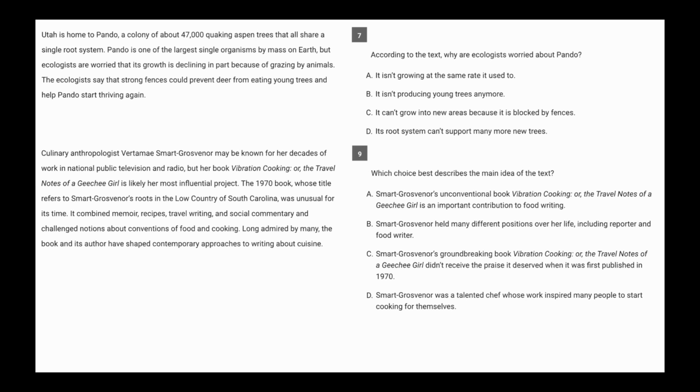Colony of aspen trees share a single root system, largest single organisms, growth is declining, strong fences could prevent deer from eating young trees and help thriving again. Anything about new areas? No, C is immediately wrong. D. Its root system can support many more trees. Is there anything about its root system not supporting new trees? Just ask yourself, did you encounter anything about that in the passage? No. So immediately D is incorrect.